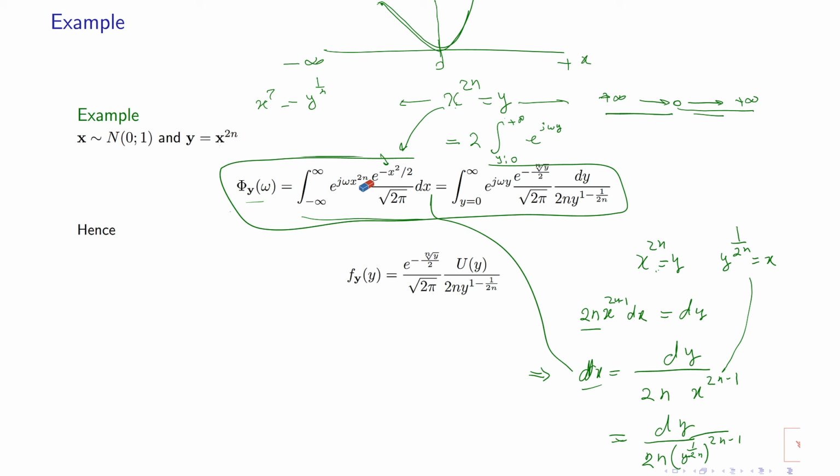And I know that this should be equal to also the integral of e to the power j omega y, and then f y of y dy from 0 to plus infinity, because from this expression I know that y is a non-negative random variable, because you have x to the power 2n. So this is why I started from 0.